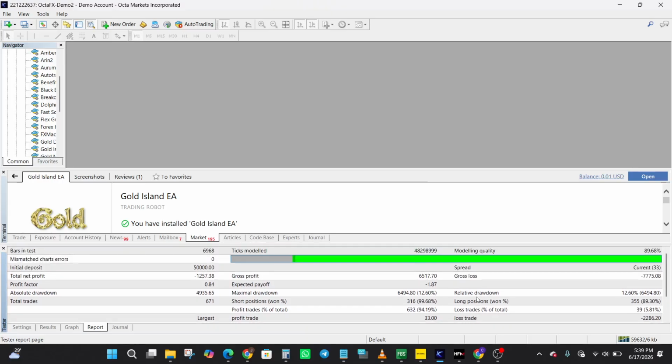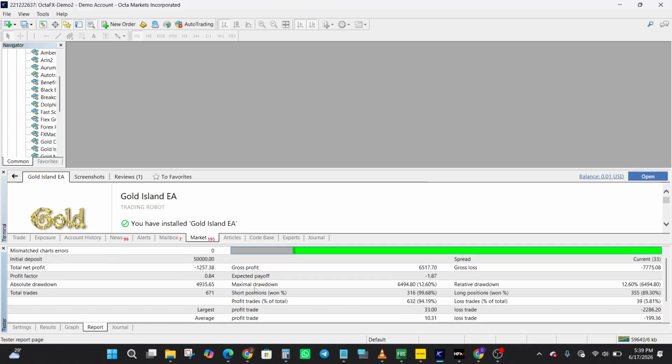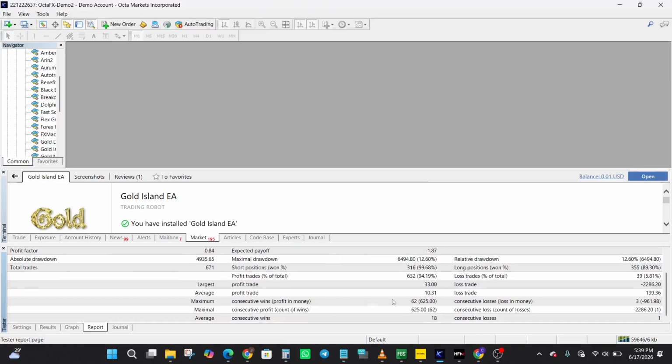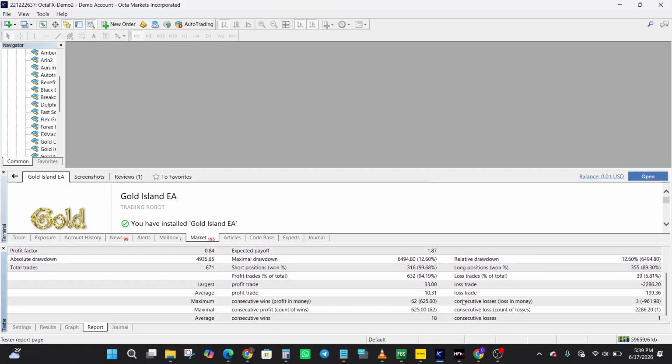Now, it is no wonder that despite having a high win rate of 94%, the total net profit is still negative. You can see the risk to reward ratio is so bad. So even the 5.81% of trades that we are losing was enough to yield a negative net profit.